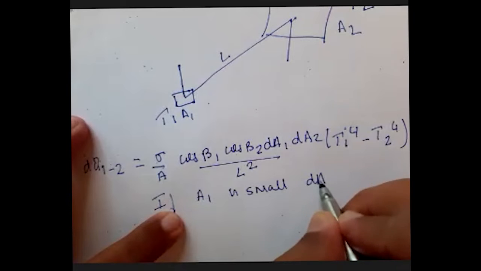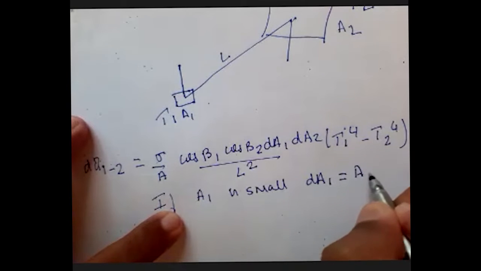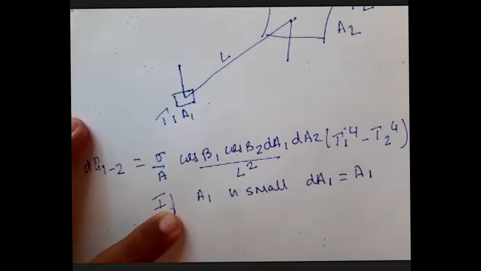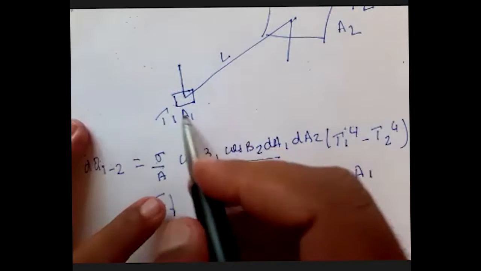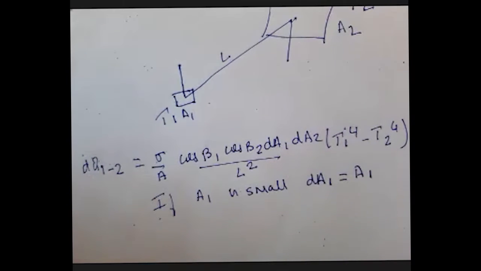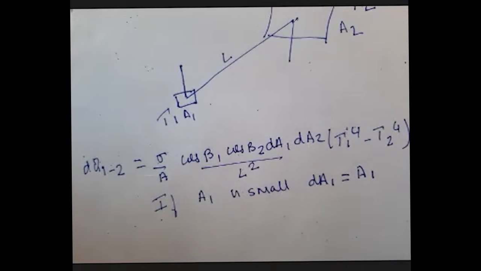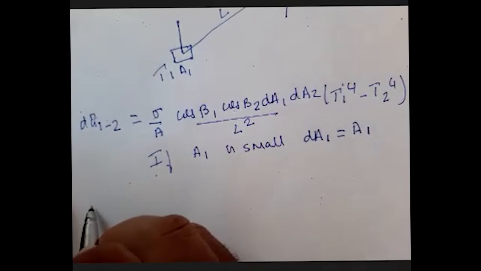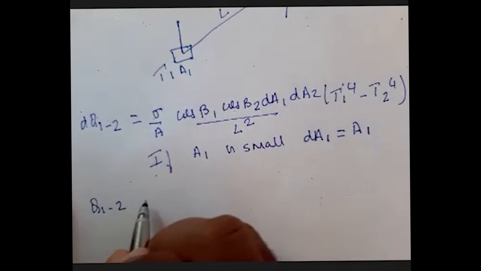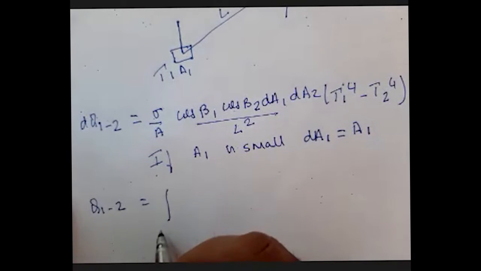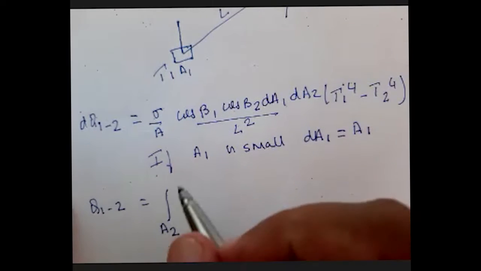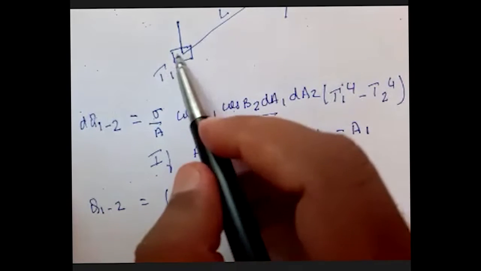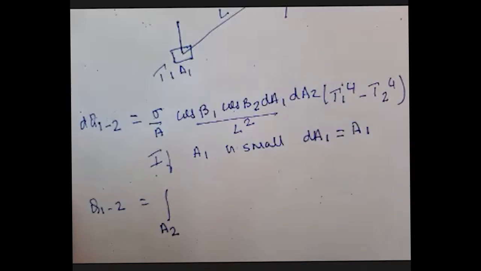That means dA1 which I have taken is equal to A1 only. Because it is small, I have taken a small elemental area, so dA1 will be equal to A1.